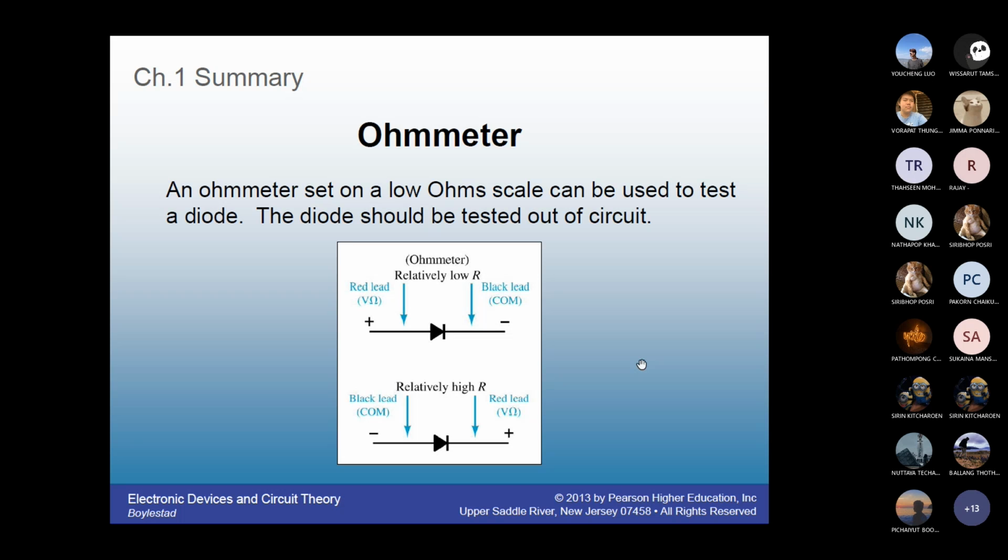If you reverse the probes, with the red probe on the cathode and the black probe on the anode, the ohm meter will show a high resistance value. It is as if current is not passing and there seems to be an open circuit, which is equivalent to a high resistance or even infinite resistance.